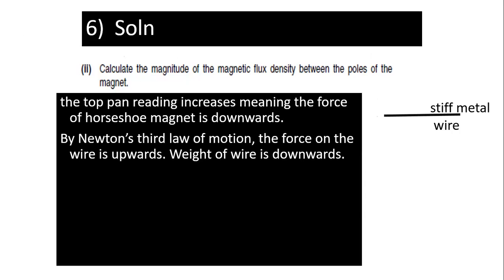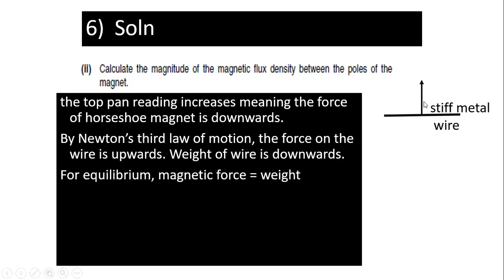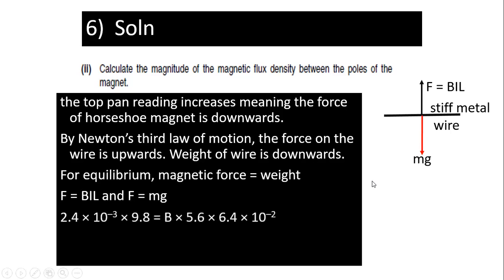But remember the wire has its weight, which is coming downwards. So for equilibrium, the magnetic force must be equal to weight. The magnetic force is upwards, weight is downwards, mg. So these two are equal. Okay, and then you put them equal. Put the values inside. What is given?